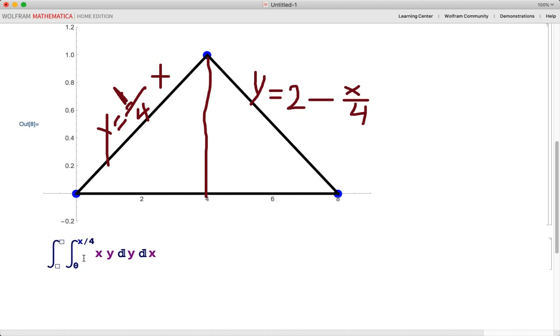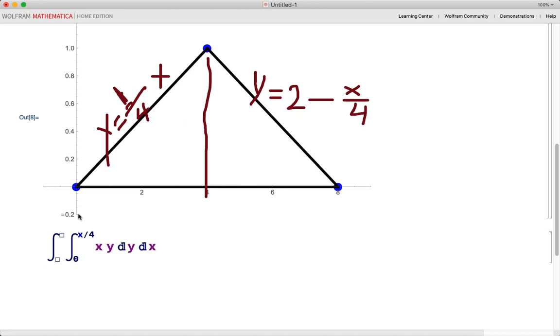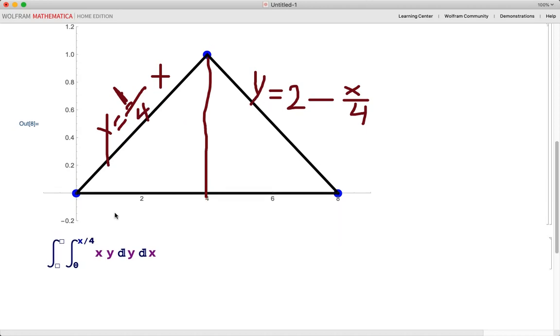Those are the y limits, and then the x limits will go from 0 to 4.